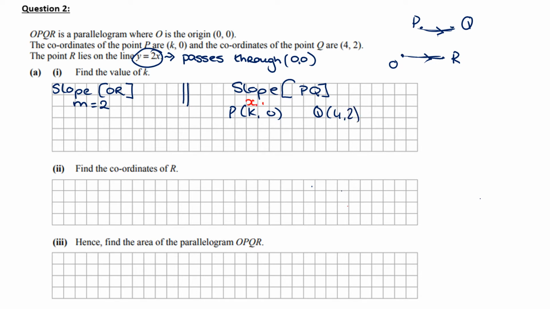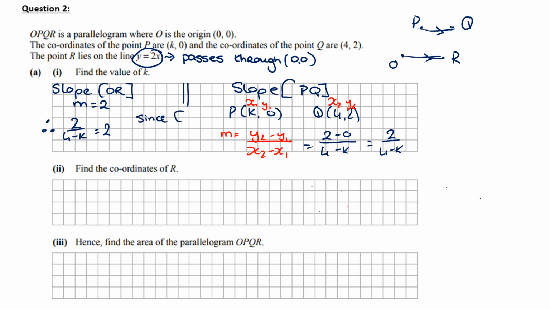So this is x1, y1, x2, y2, and the slope formula, which is on page 18, is y2 minus y1 over x2 minus x1. So that's 2 minus 0 over 4 minus k, which is 2 over 4 minus k. We know that those two slopes should be equal, since OR is parallel to PQ. Therefore 2 over 4 minus k must equal 2.